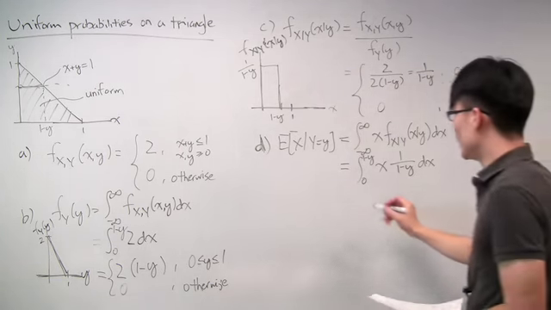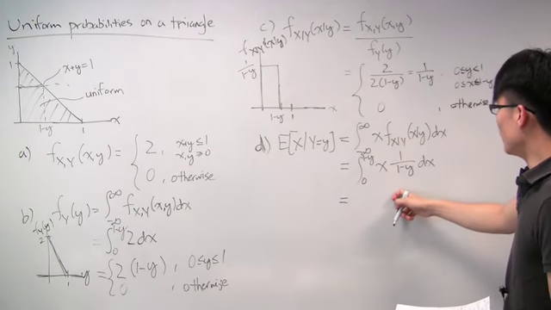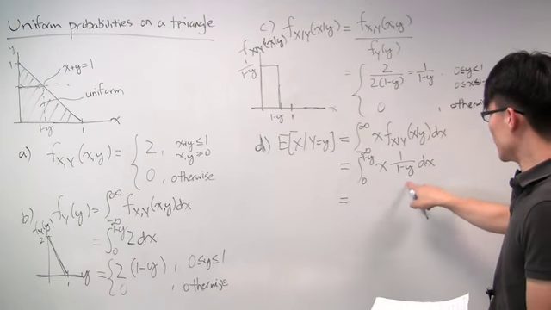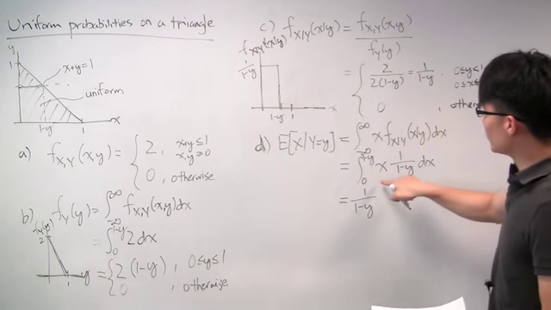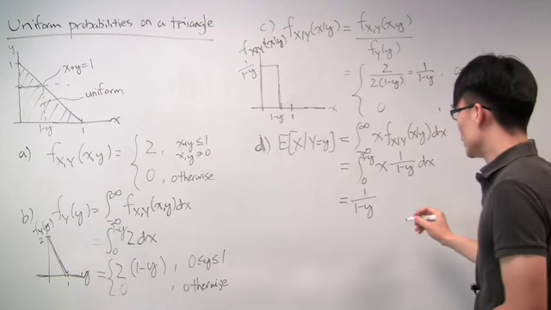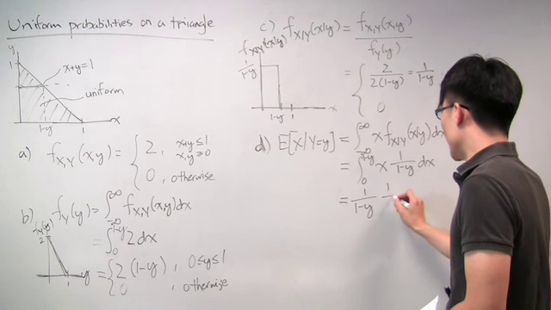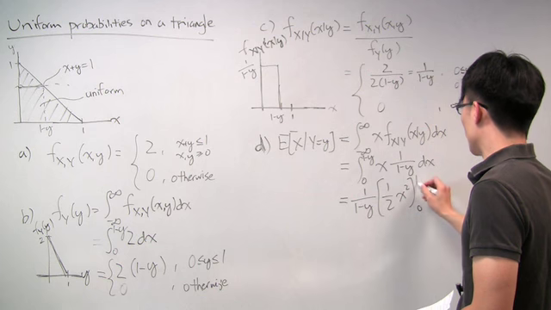All right. So let's actually calculate this integral. This 1 over 1 minus y is a constant with respect to x, so you can just pull that out. And then you're really just integrating x from 0 to 1 minus y. So the integral of x is 1/2 x squared, and you integrate that from 0 to 1 minus y.